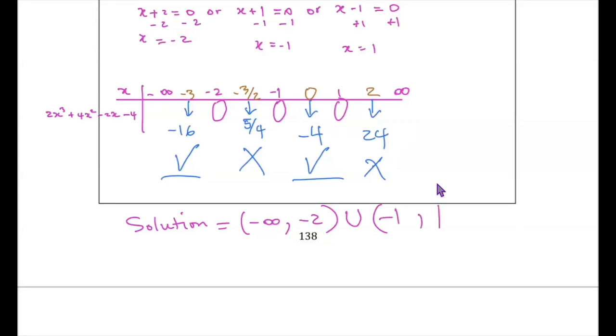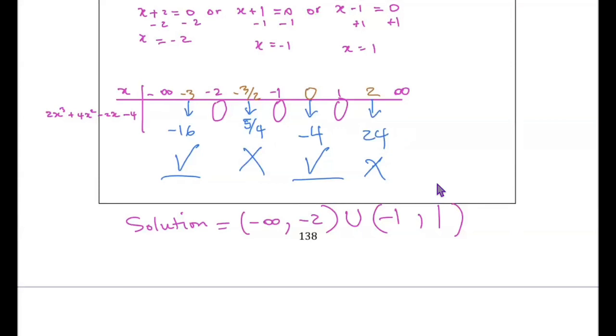We're not taking the endpoints because those values make the expression equal 0. We are only taking when it's negative. So that makes it clear for you that if you put parentheses when you need to put brackets, and brackets when you need to put parentheses, your answer will be wrong.